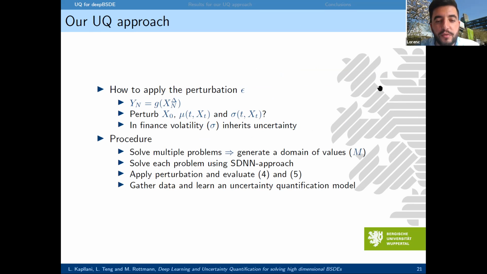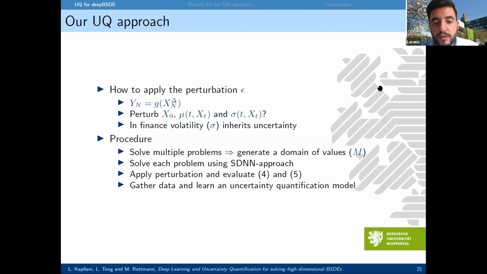The procedure would be as follows. Of course, we need to gather data so we can create this model, and therefore we need to solve multiple problems. So we generate a domain of M values, and then we solve each of these problems. For example, we use the SDNN approach, which is a very well-known deep learning approach in this area.